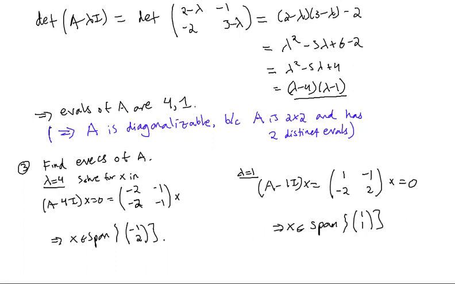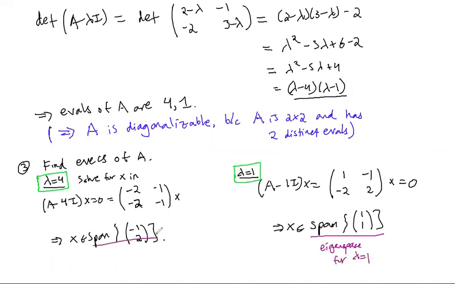All right, so we found our eigenvalues and eigenvectors. So our eigenvalues are lambda is 1 and lambda is 4. And our eigenspaces for each eigenvalue, here we go. This is the eigenspace for lambda equals 1.